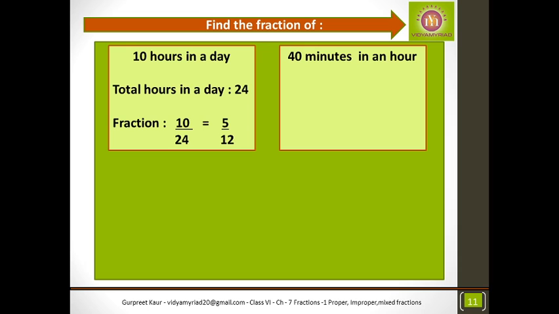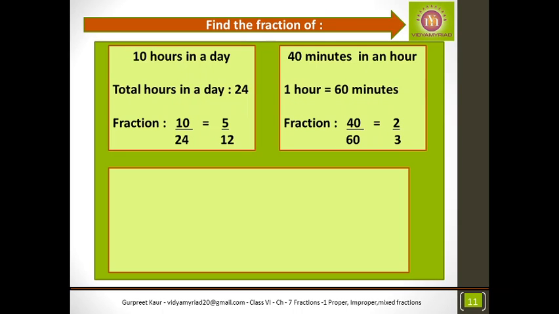Same way, if I have a question to find 40 minutes in an hour. In 1 hour, I know there are 60 minutes, that is fixed by nature. Now what is the fraction then? 40 upon 60, which is equal to 2 by 3. Total parts, total things I will write in the denominator, and whatever I have to find out will be written in the numerator. This is how the fraction is written.